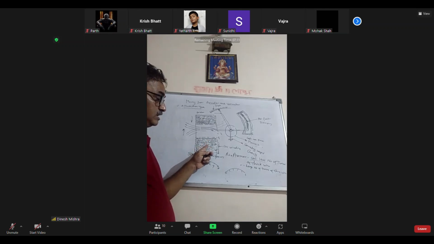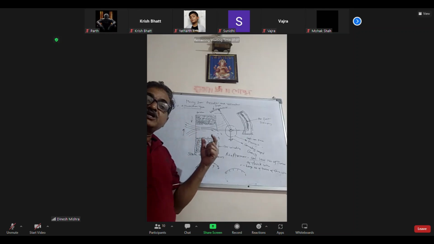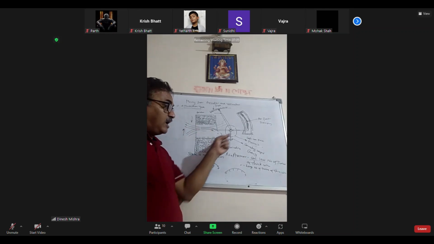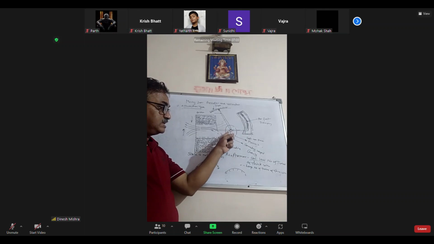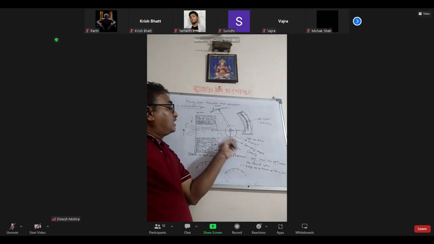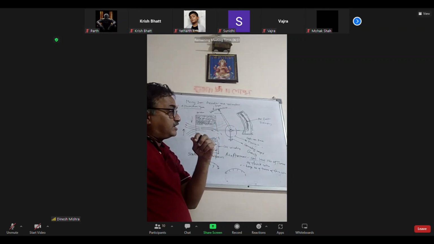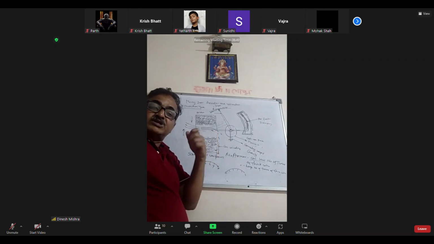The current to be measured passes through this coil, and one soft iron piece is kept near the coil. Gravity control weight is attached for the controlling system, and air friction damping is connected for the damping system. This is the construction.